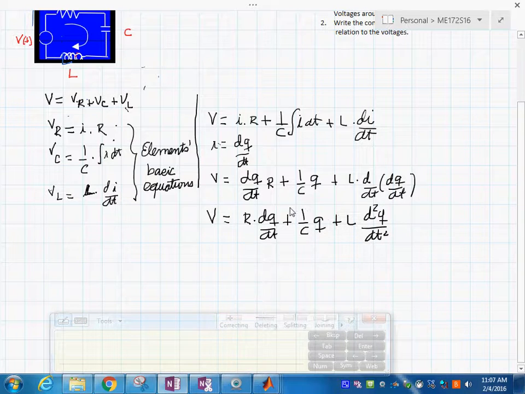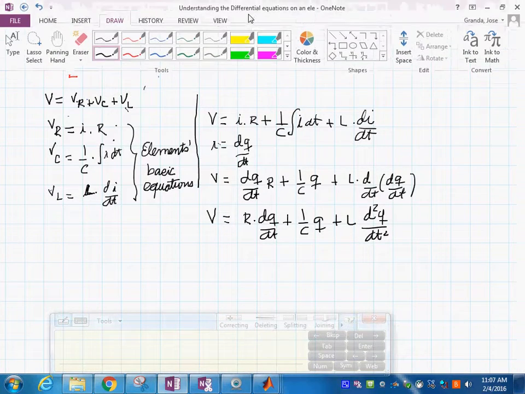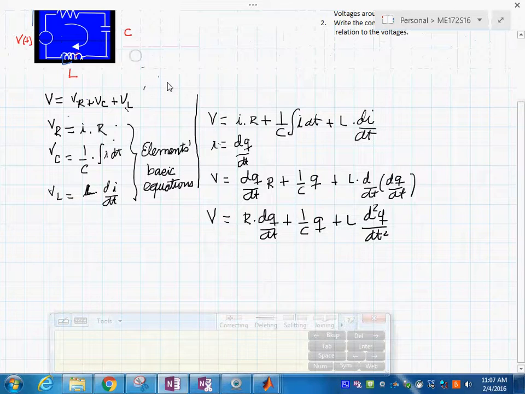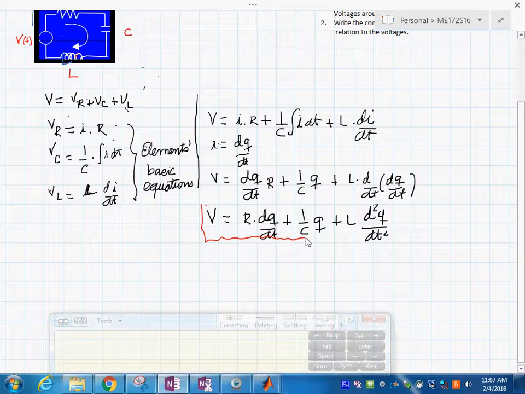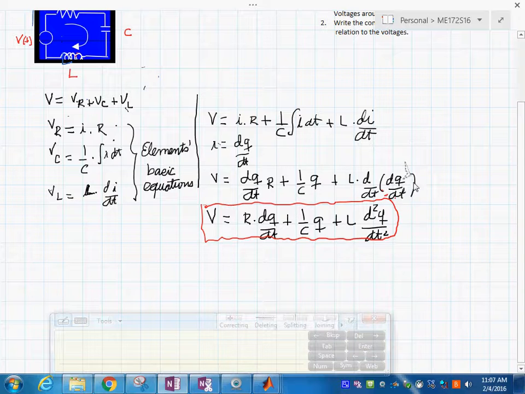And now you see you have strictly a differential equation. See? So this one in here is the second order differential equation of the circuit. This is called second order differential equation.